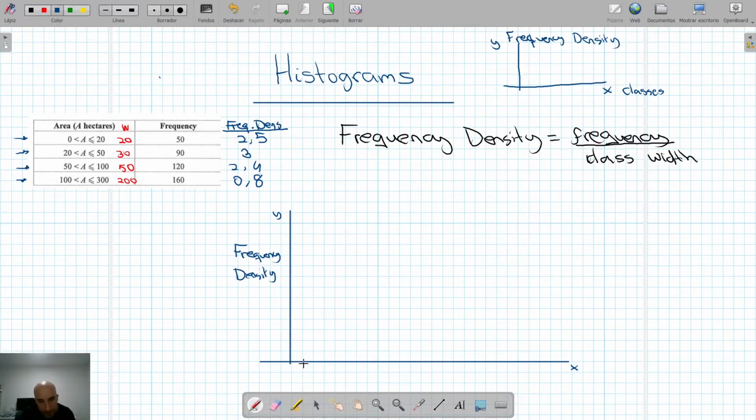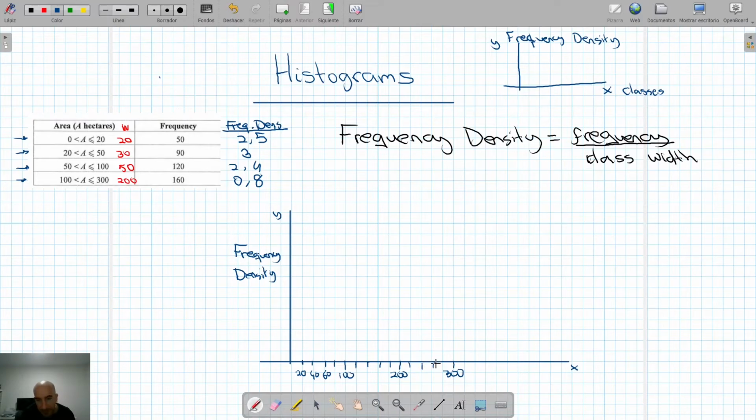Okay, so that works. So we can have here 20, 40, 60, 80, 100, then 120, 140, 160, 180, 200, 220, 240, 260, 280, 300. Okay, that's our x-axis done.